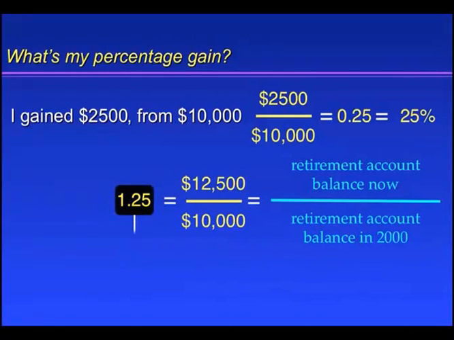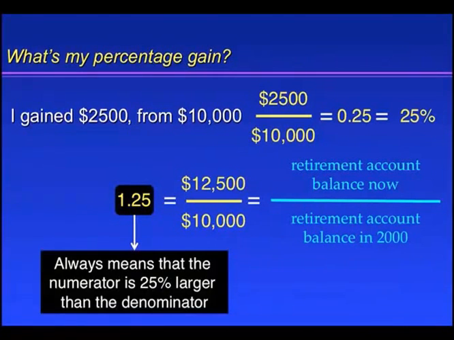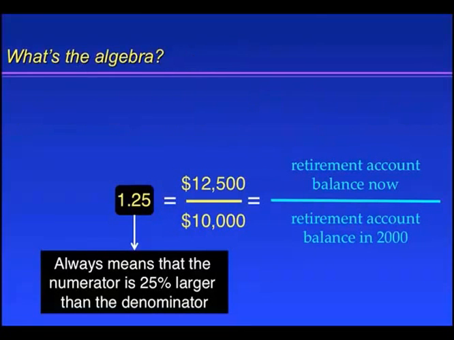But that information is contained in this ratio. A ratio of 1.25 always means that the numerator is 25% larger than the denominator. What's the algebra? 1.25 minus 1 equals 0.25 or 25%.